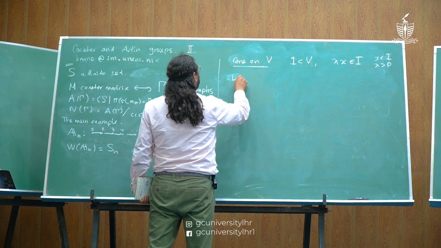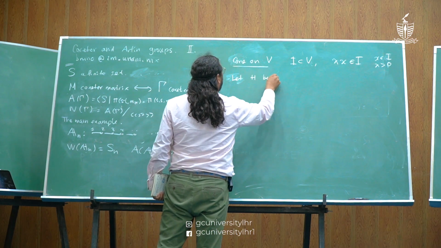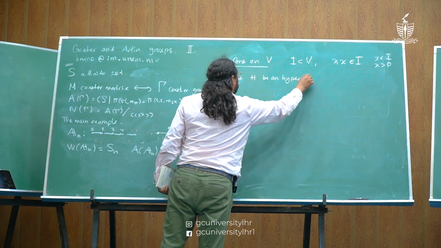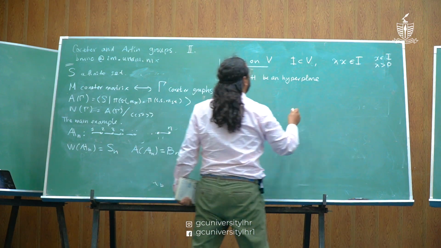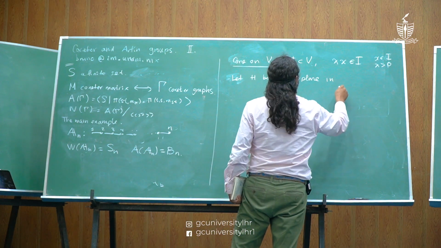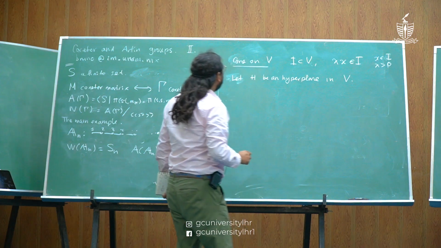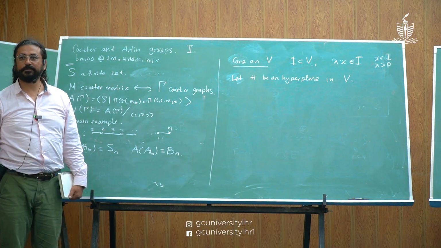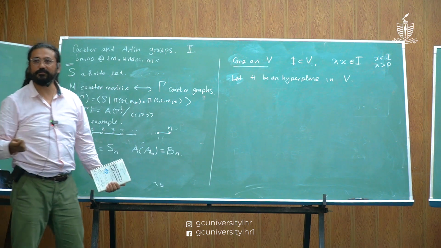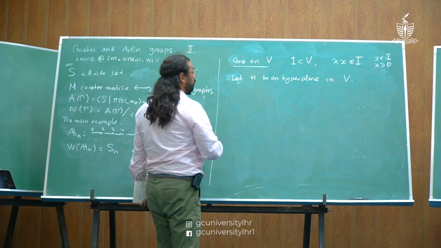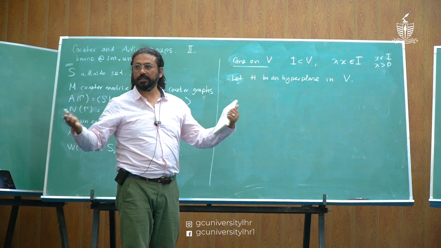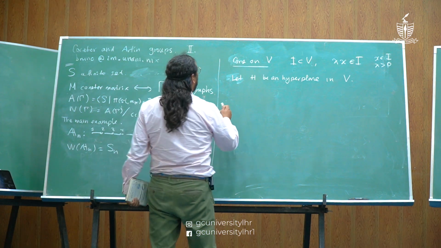Let H be a hyperplane in B. So what do I need to define a hyperplane in a vector space? What would be the main ingredient? If I take an orthogonal vector, then I can define a hyperplane.